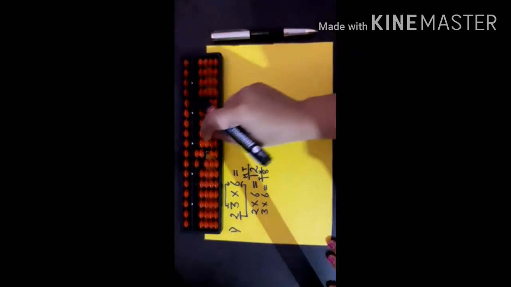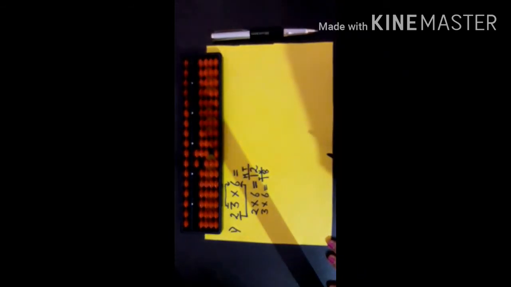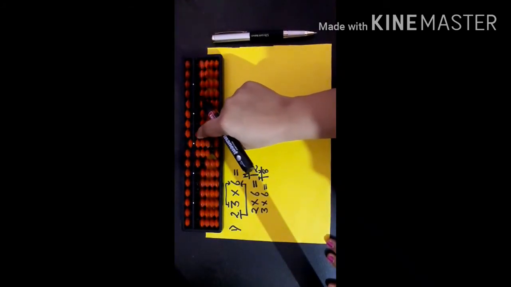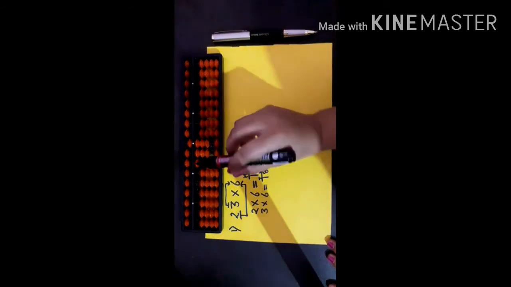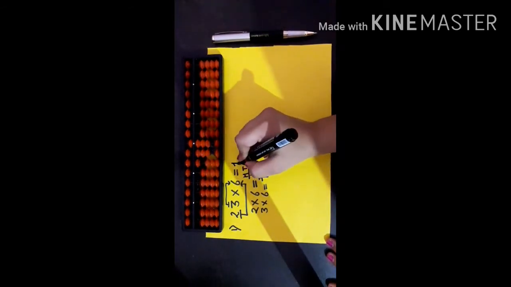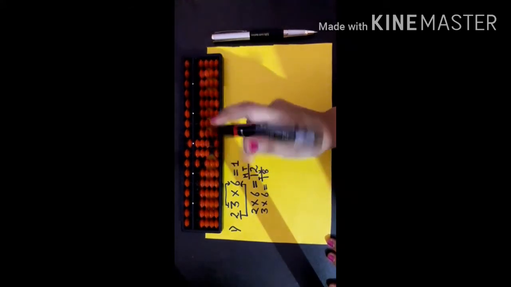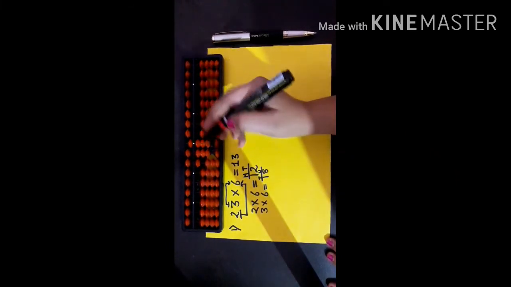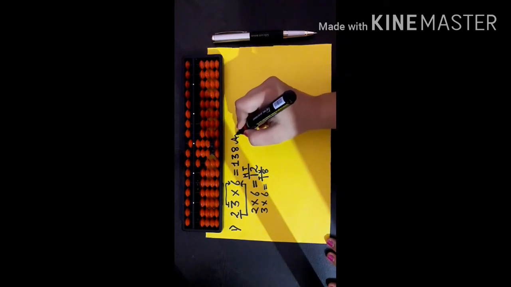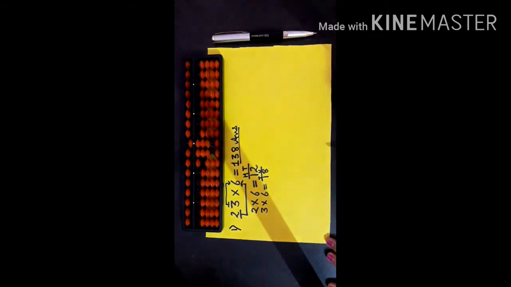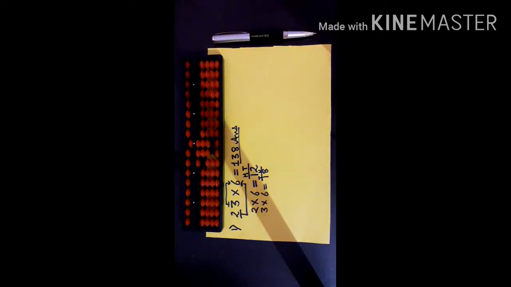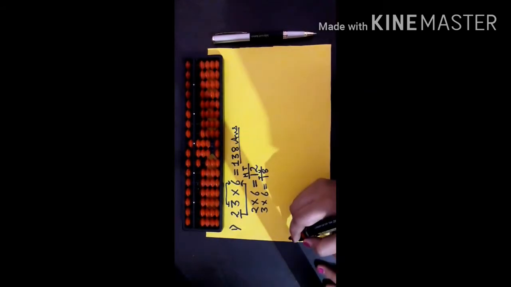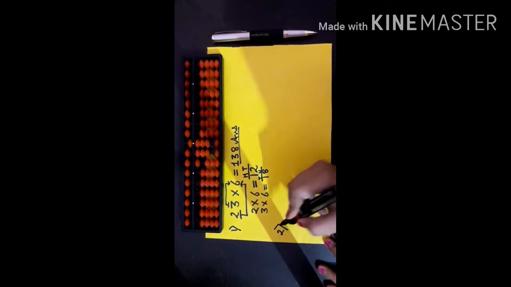So 1 in tens rod and 8 in units rod. See what your answer is: 1 in hundreds rod, 3 in tens rod, and 8 in units rod. 138 is your answer.